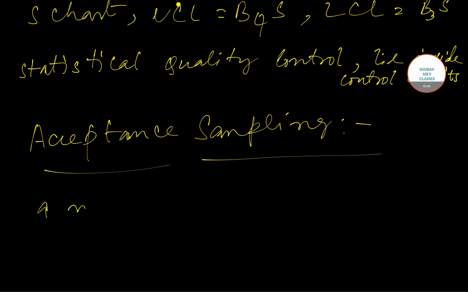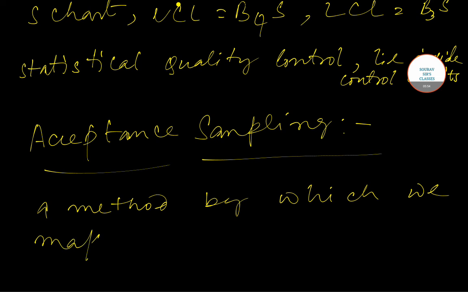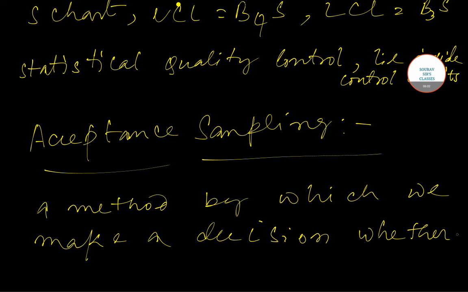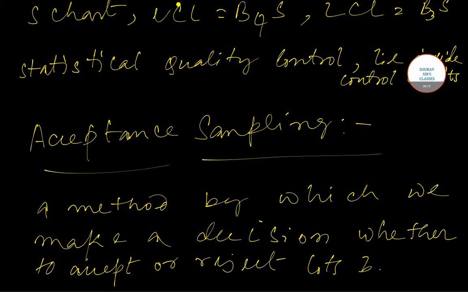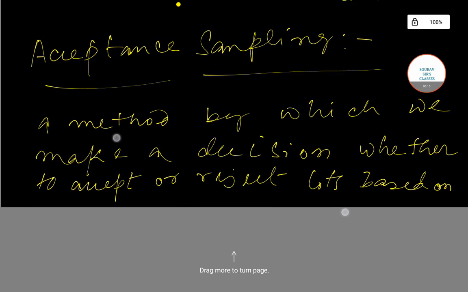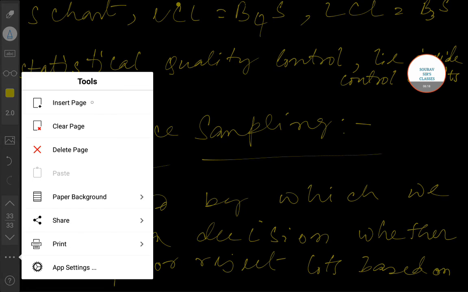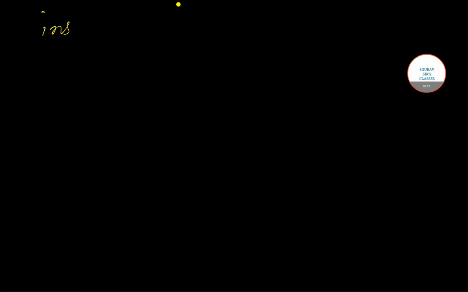Acceptance sampling is a method by which we make a decision whether to accept or reject lots based on inspection of samples.